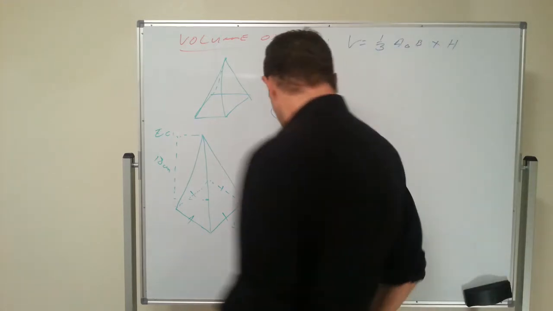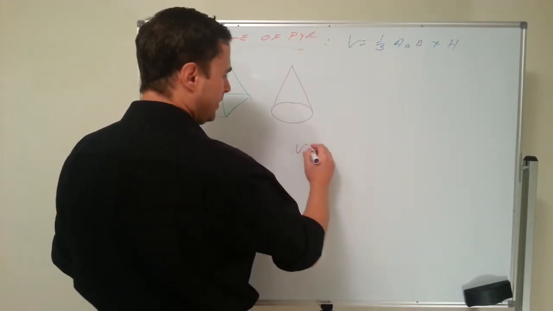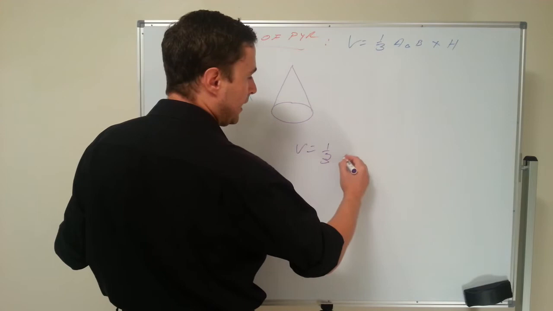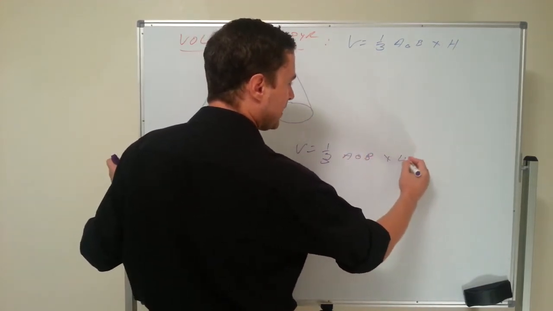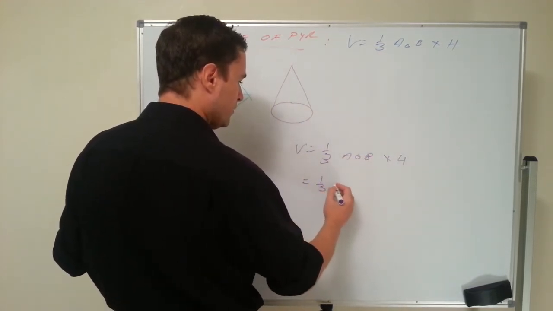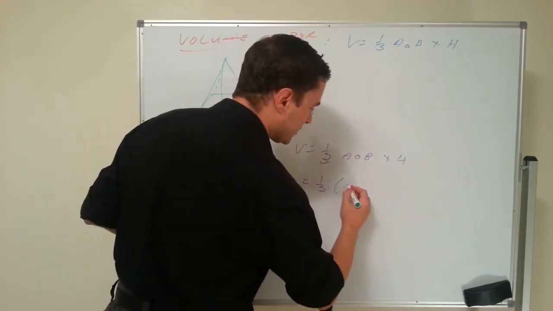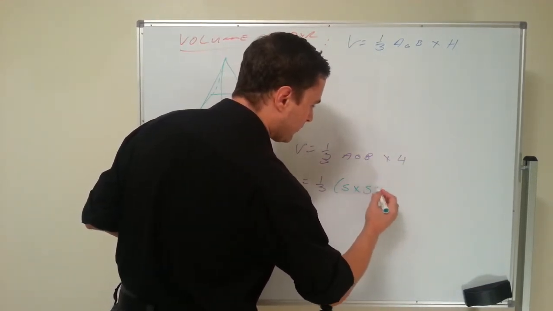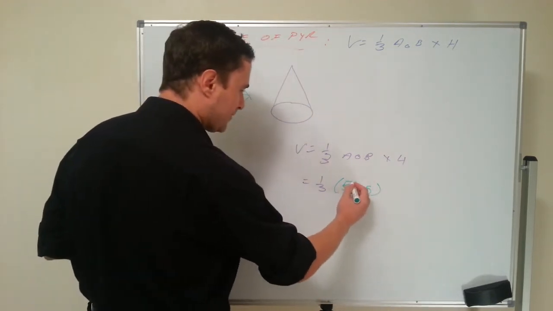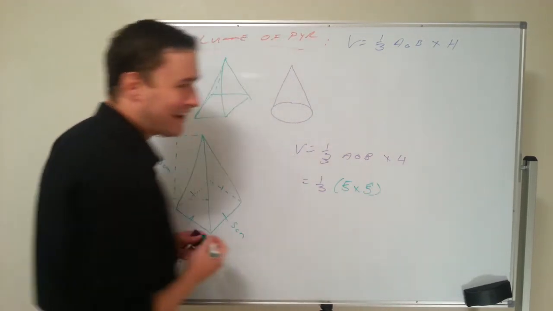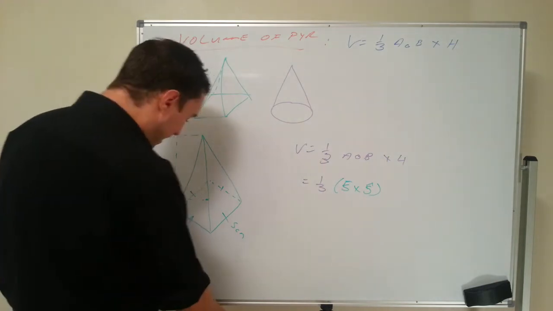So my volume equals 1/3 area of base times height. Well, it's 1/3. What is my base? My base is a square, and a square is just side times side. 5 times 5, times my height.